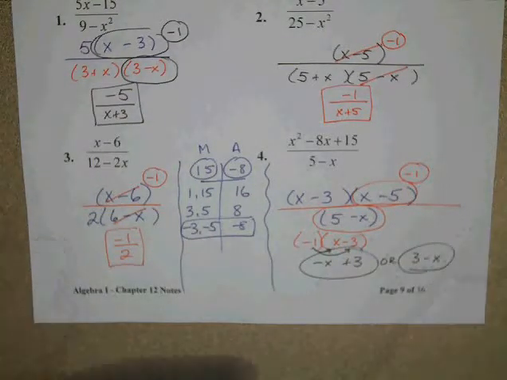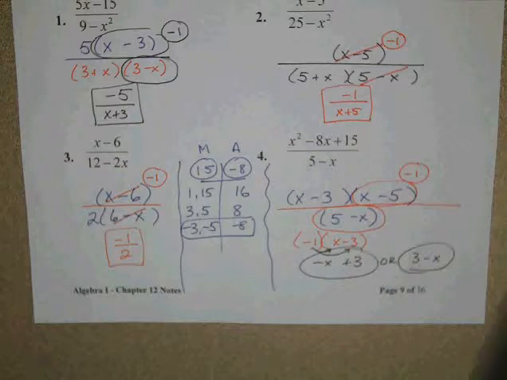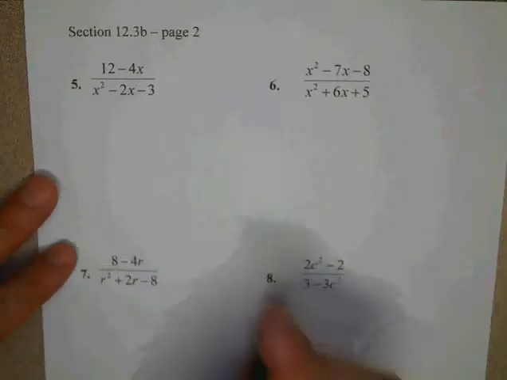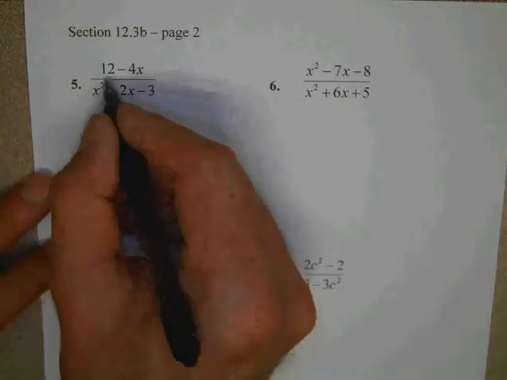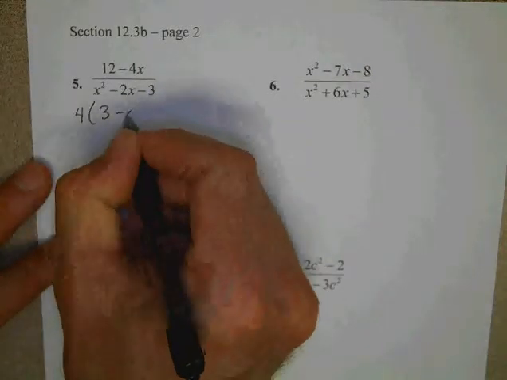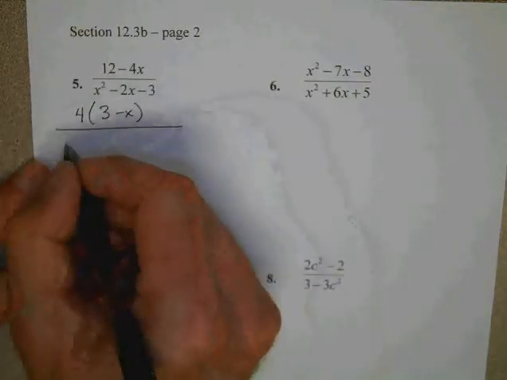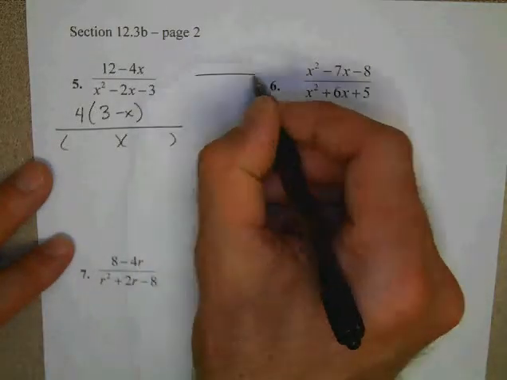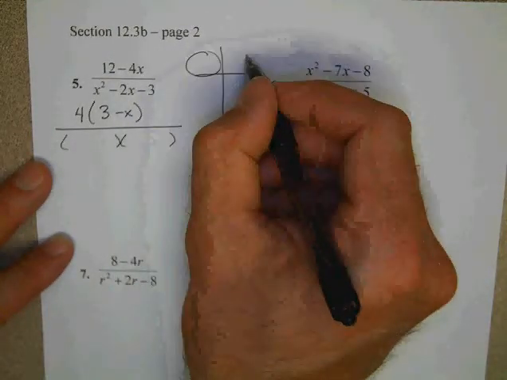Okay, let's flip the page and look at the second page. Number 5, we've got 12 minus 2x, 12 minus 4x, so we're going to take a 4 out of that. So that's 3 minus x left, divided by two factors in the bottom. Our two factors in the bottom, I'm not sure what they are, so let's do our Mac method.